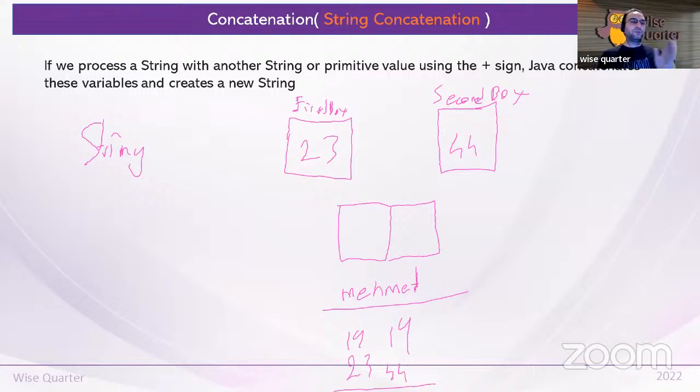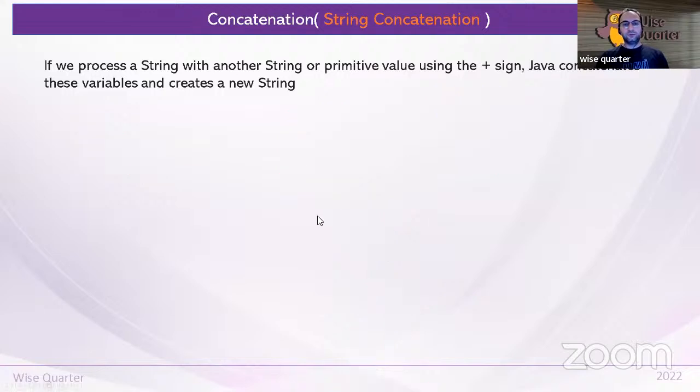I mean, we are just putting them together like a box. That's all. Even if there are numbers, if there are string variables, we cannot do any math calculation. Just put them together like this. I will clean everything and continue from there.